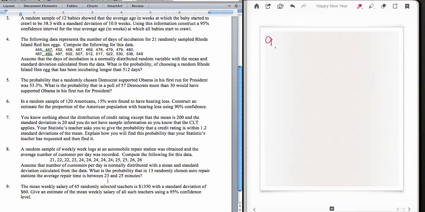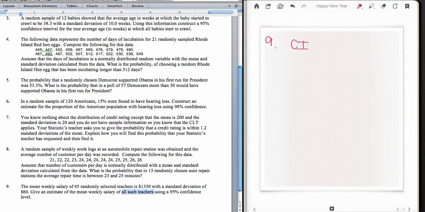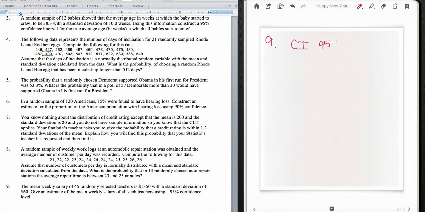Okay, so we have the estimate of the mean weekly salary, and that says all such teachers, we're finding a confidence interval. And that's further emphasized by the fact that it says use 95% confidence. So we're finding a 95% confidence interval, and we're doing it for the mean.